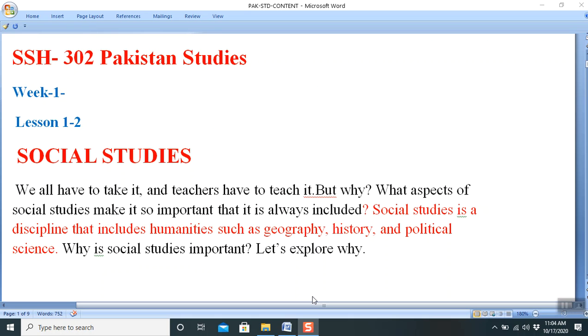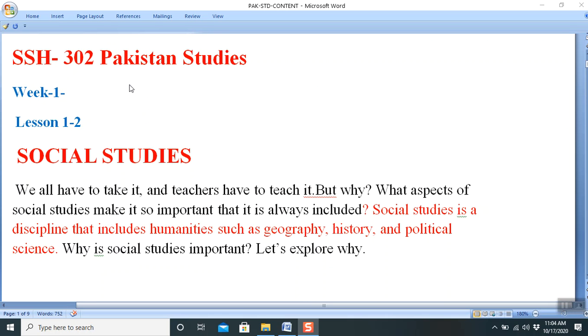Well, what is the relationship between Pakistan studies and social studies? As I have expressed in the very beginning, social studies is the study of human life completely. So, when you focus the social study domains or topics on a specific country, a specific nation, a specific region, it is named after that very nation.